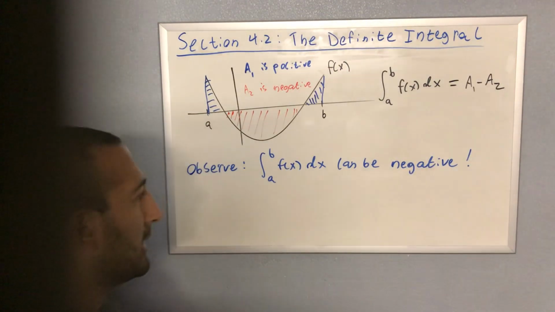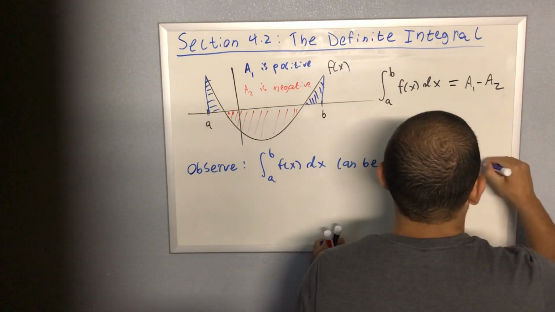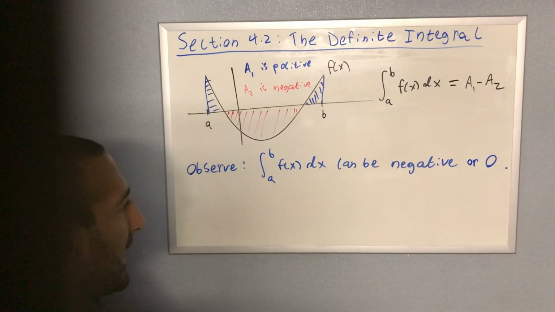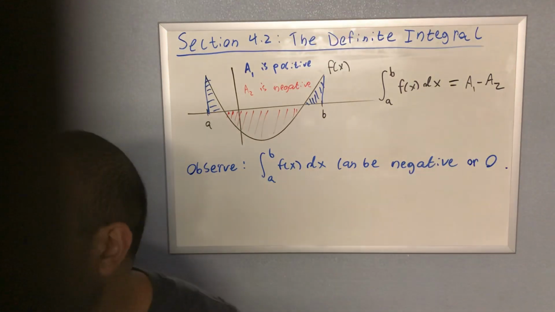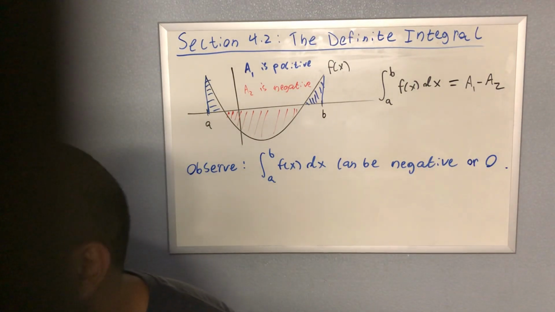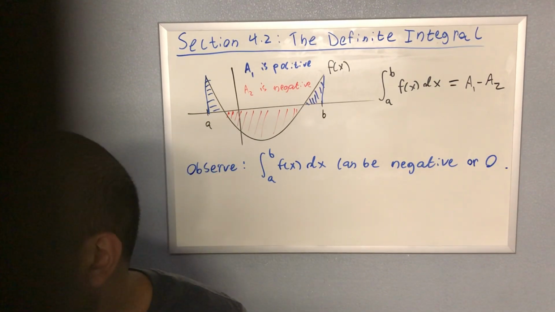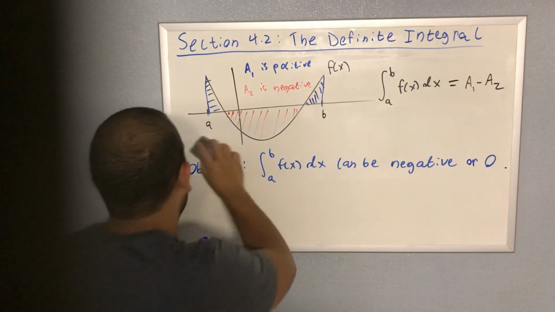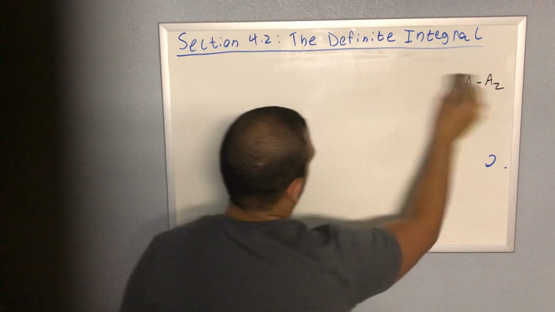So it's fine, negative or 0. It doesn't just have to be positive all the time. That's the key point. And so let's do an example here where we deal with this. Let's see how we can think about these positive, negative areas. Okay.